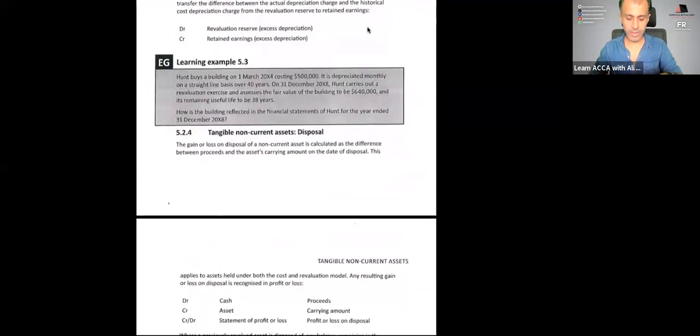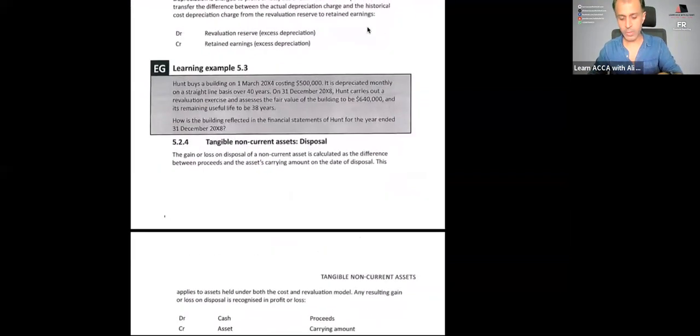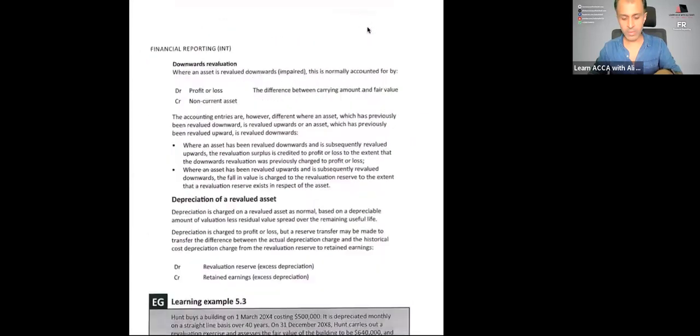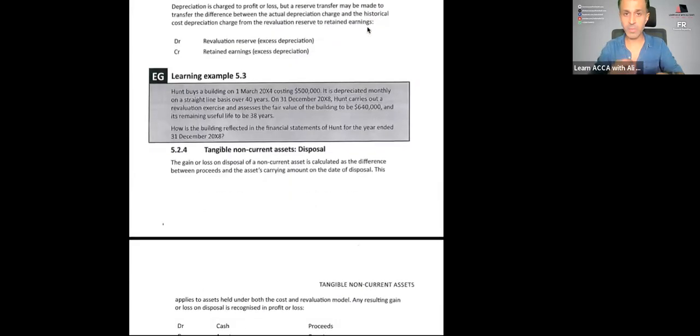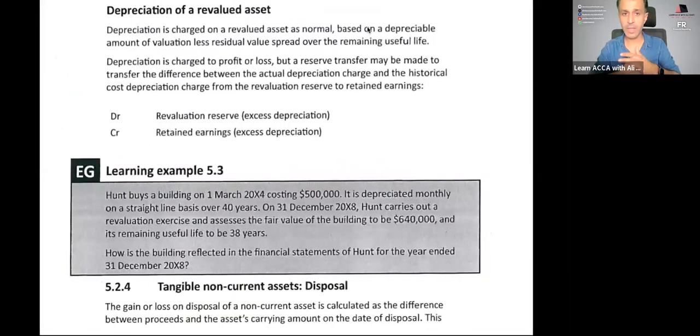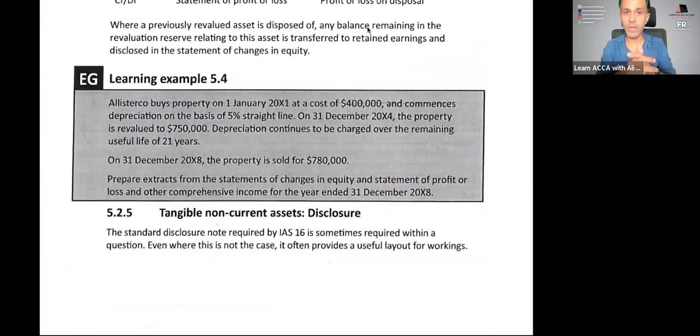So when I meet you in my next session, we will start the course of next week by working a question on revaluation, which is this one. And there's going to be another one, this one, which will also involve disposals, two-in-one, revaluation and disposals both.